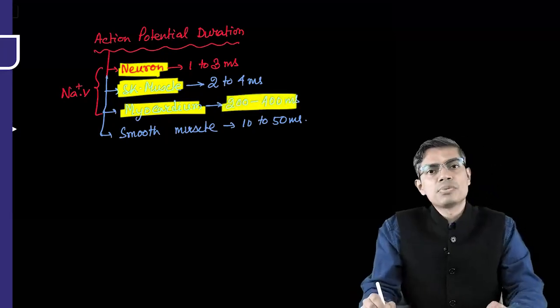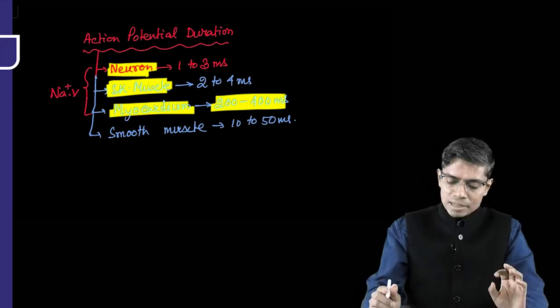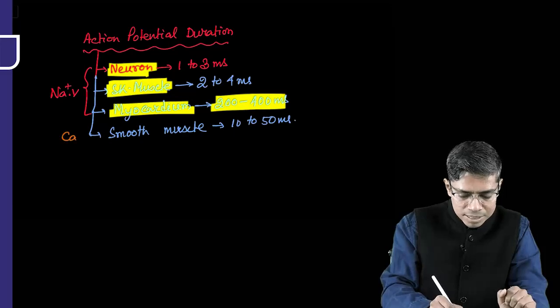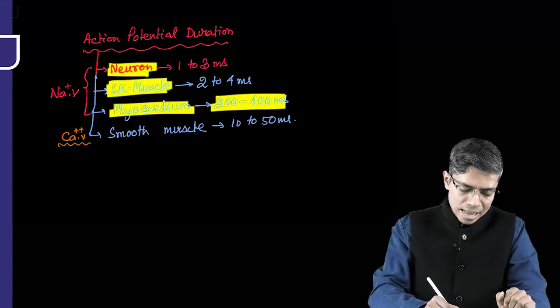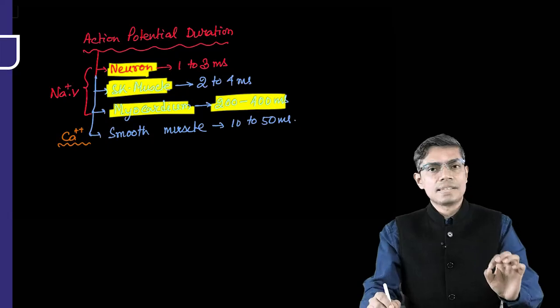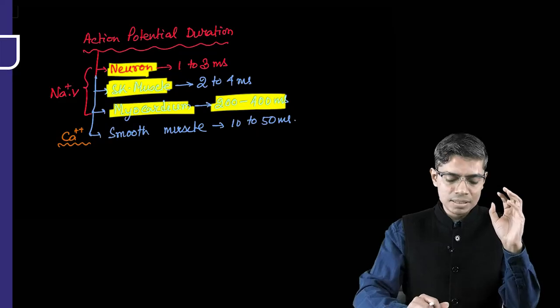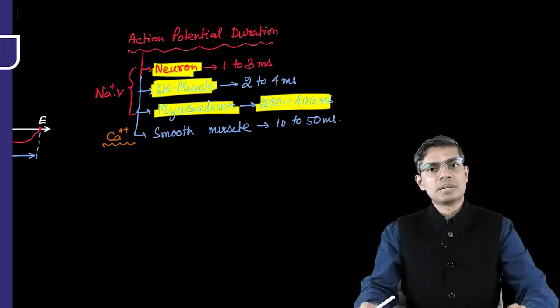Because there is a plateau phase. We'll be discussing this later on. But for smooth muscle, the action potential is based on the voltage gated calcium channel. Remember it like this: for smooth muscle, the action potential is based on calcium. But in neurons, skeletal muscle and myocardium, the action potential is based on the same voltage gated sodium channel.